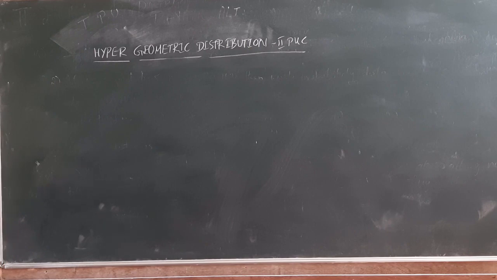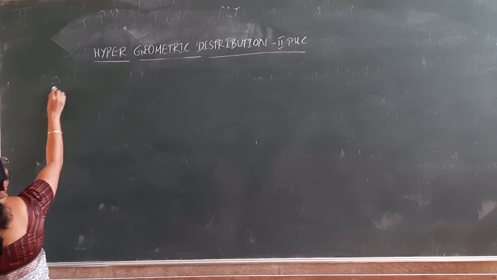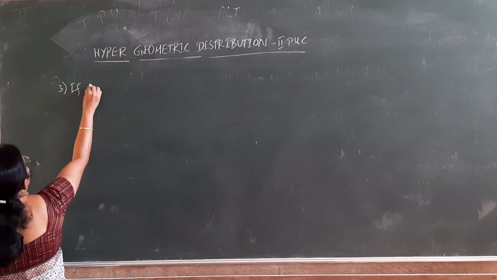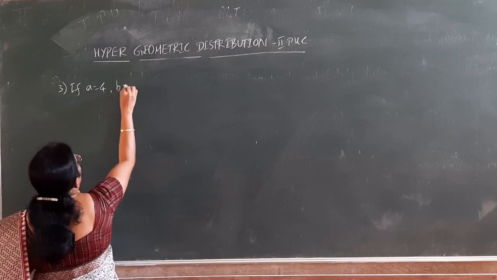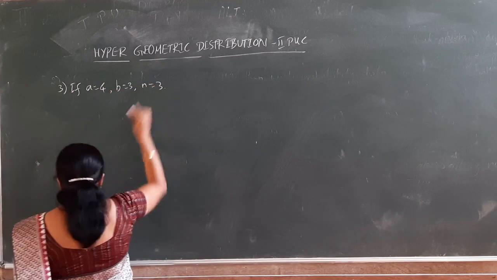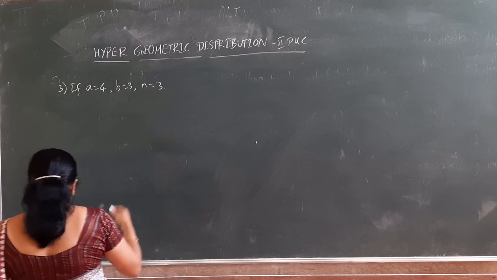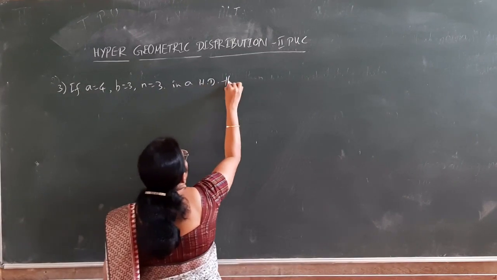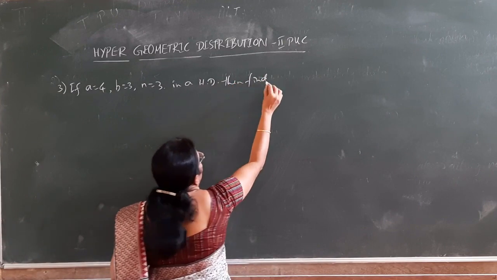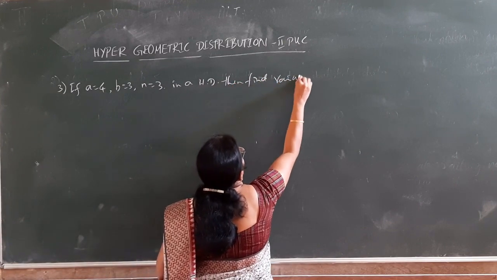Next problem is: if A equal to 4, B equal to 3 and n equal to 3 in a hypergeometric distribution, then find variance.